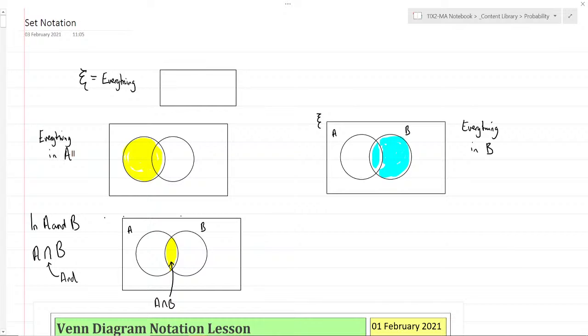So the next one, we've done A and B. The next thing we need to think about is A or B. Now this has got a new symbol. It's an upside down, it's like a U shape. So A or B. Now this one here means or.